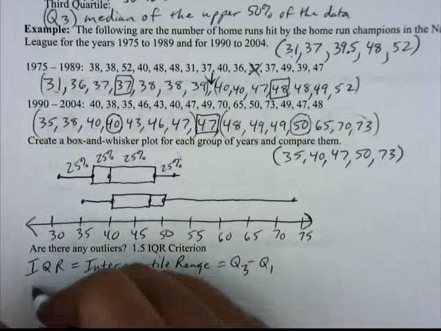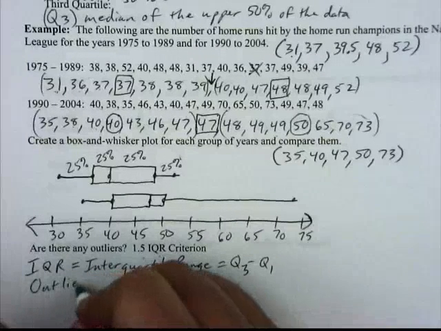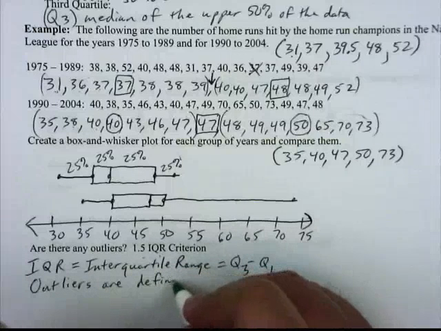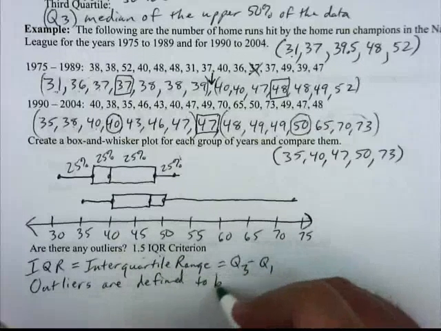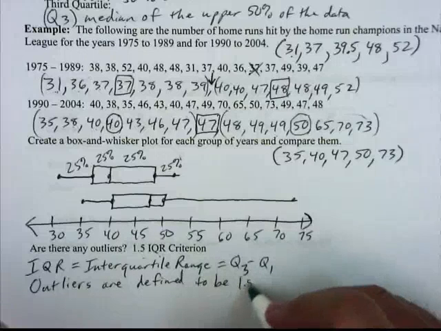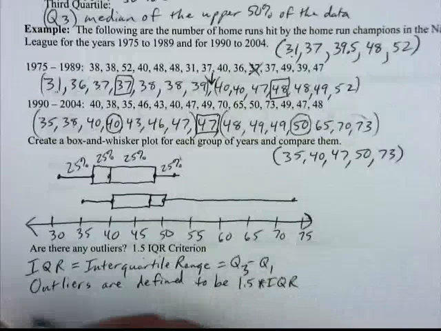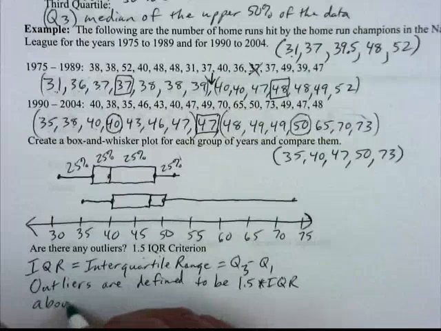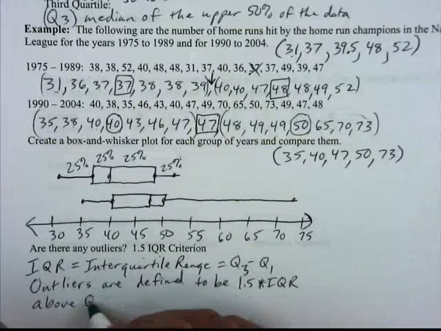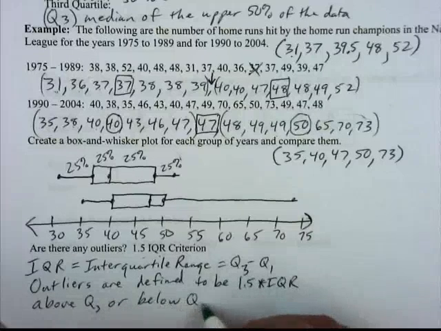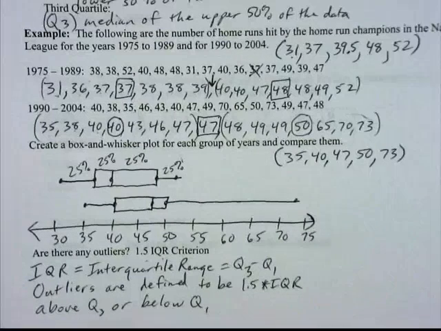And outliers are defined to be 1.5 times IQR above Q3 or below Q1. Okay, that's how we're going to define it.